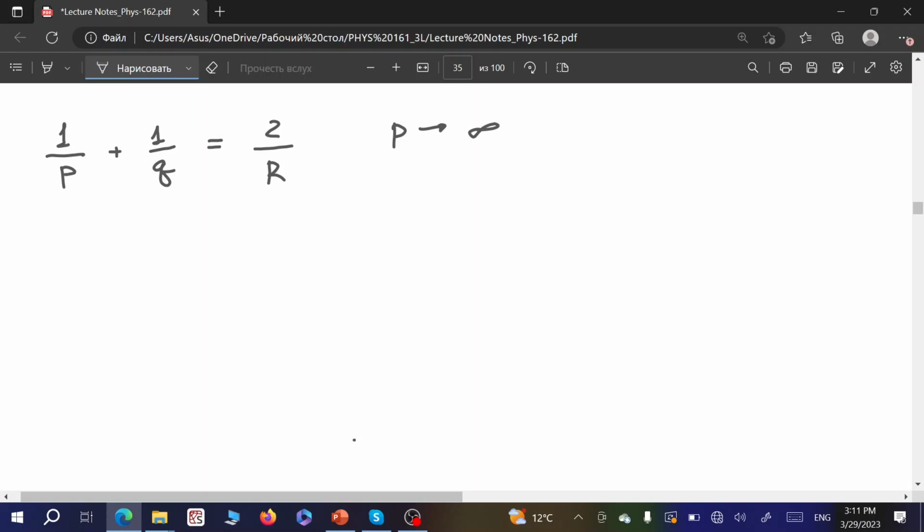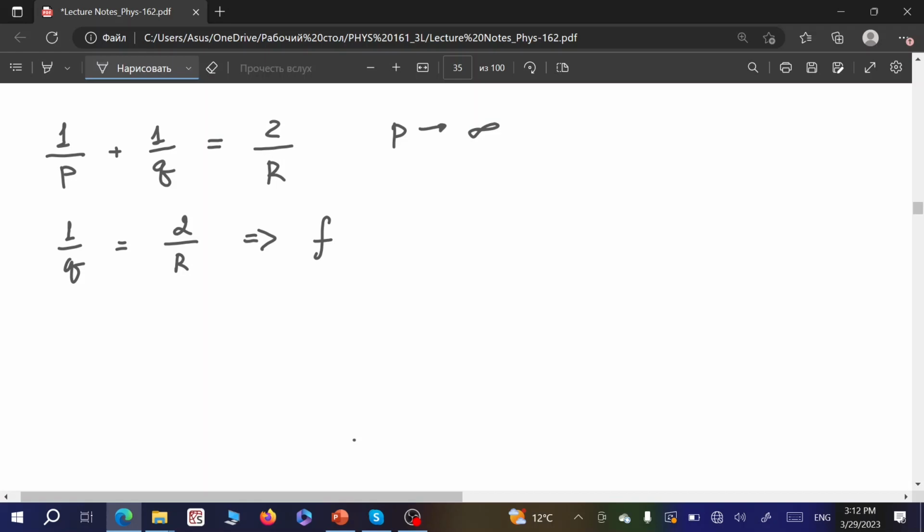Then we can rewrite this equation: 1 over Q will be equal to 2 over R. And here we can introduce an important parameter, which is the focal distance.